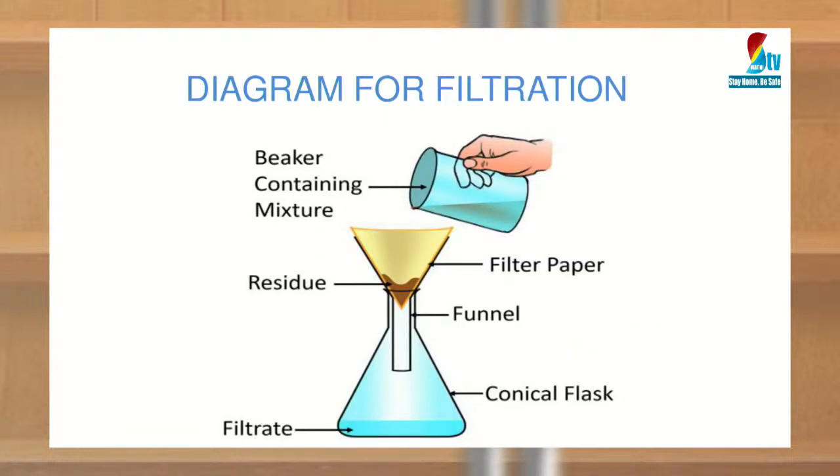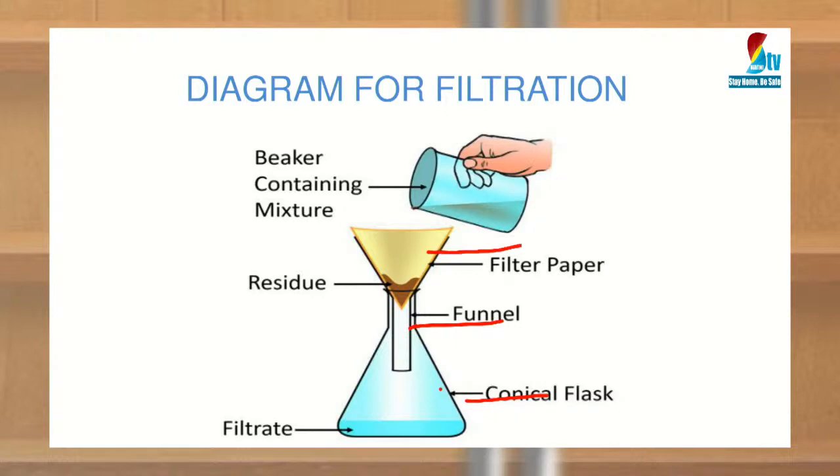This is a diagram just to illustrate filtration. This is the basic setup, dear learner, as well as the identification of the different apparatus that make up filtration. So here we have a conical flask. Please be careful of the shape. There are many different types of flasks, for instance, the distillation flask. So be very specific when talking about this flask. We also have the filter funnel, which we place on top of the conical flask.